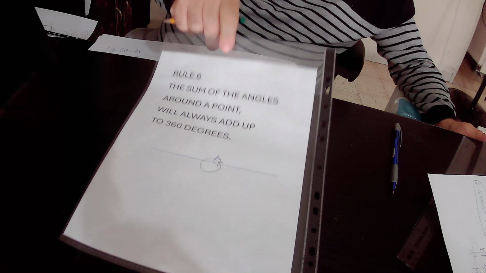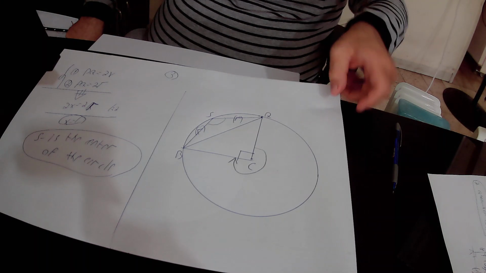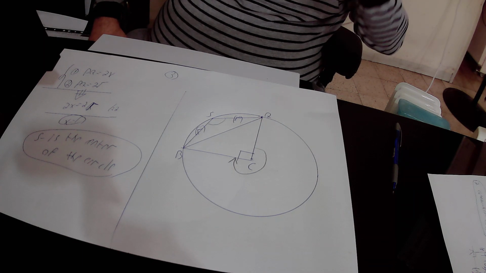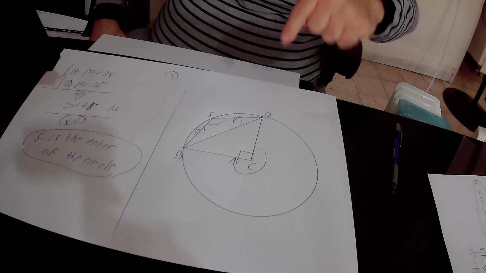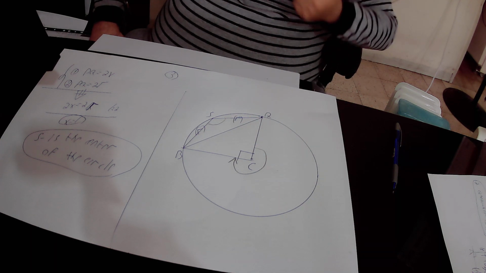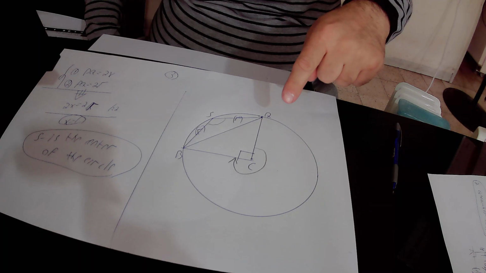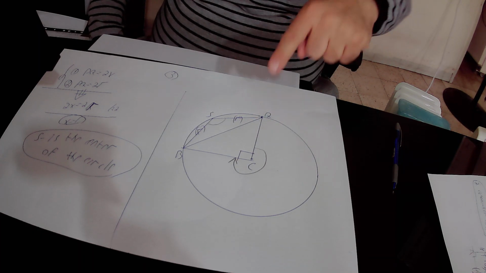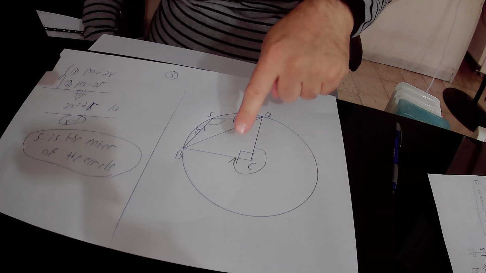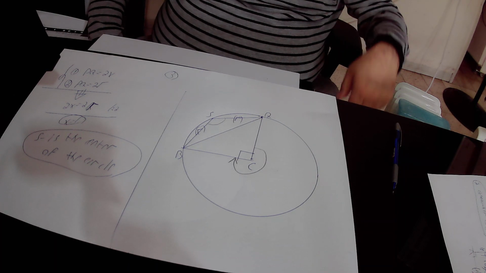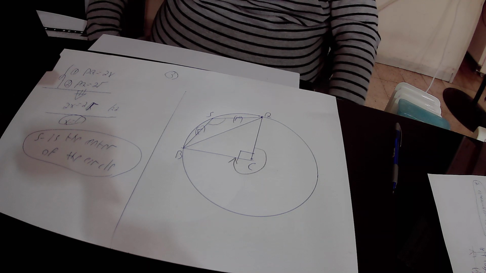Okay, so I can actually implement rule number 6 in our drawing. Why? Because in our drawing, if you focus at this point C, according to rule number 6, the sum of the angles around point C must be equal to 360 degrees. So which angles do we have around point C? We have this angle that is a right angle plus this missing angle. In total, they must be equal to 360 degrees according to rule number 6.